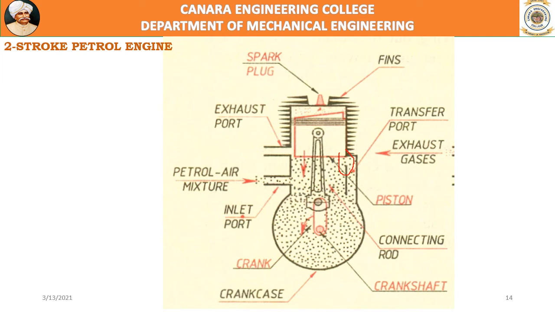So the power stroke starts and continues, the piston moves from TDC to BDC. When the piston comes to this point, the exhaust port opens. Now we will see it in the next diagram.